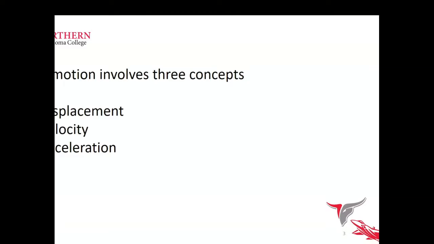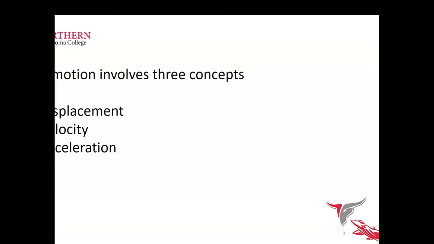So when we're dealing with motion, we are looking at displacement, i.e. how far did we travel? From a physics point of view, I'm going to look at the velocity. How far did we travel?